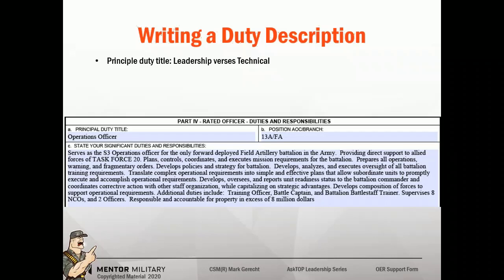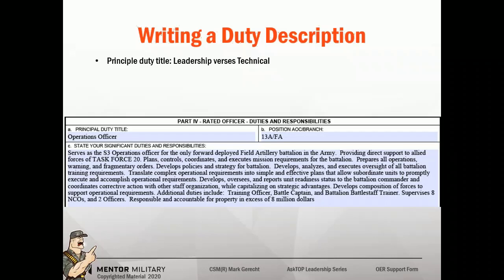Do I have to read this whole duty description? I don't have time. I'm talking from the perspective of people sitting on promotion boards and other selection boards. Typically, one of the things we hear from boards is they read the first and last sentence. So whatever you do, this duty description has to be impactful.